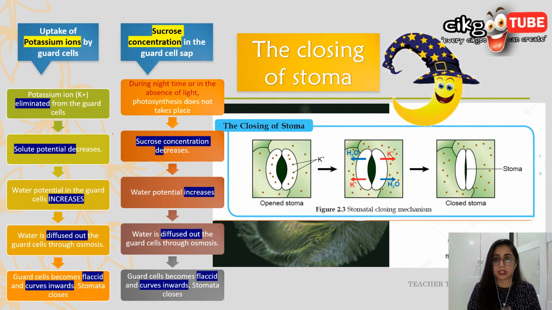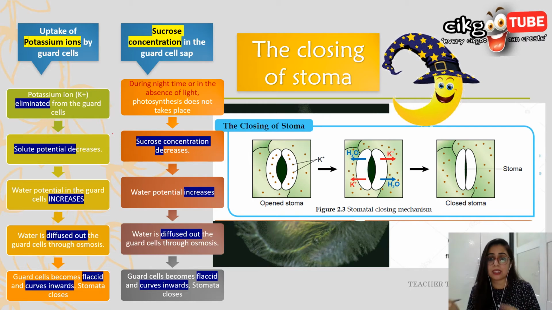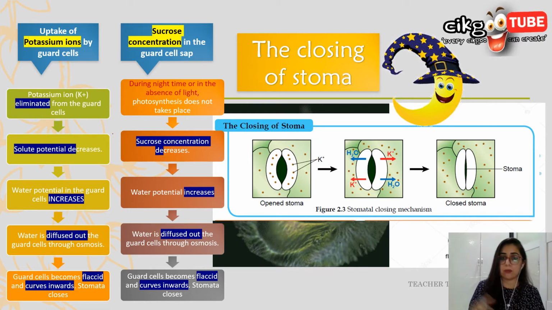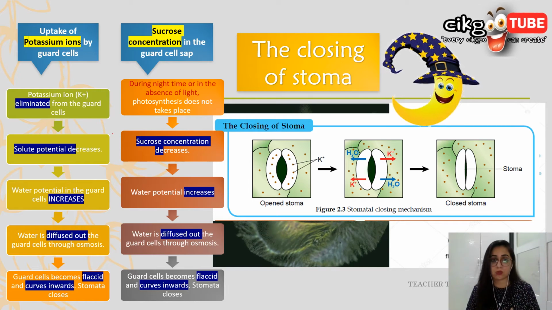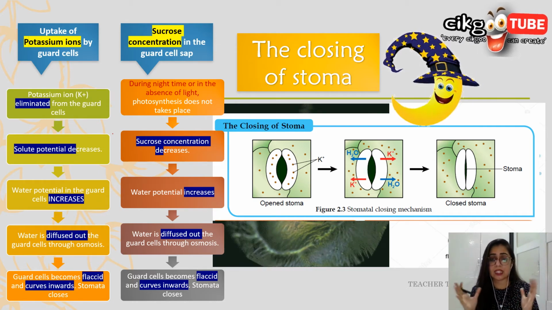Now the water potential will increase. That means there's a lot of water in the guard cells, so water will need to diffuse out by osmosis. When water diffuses out, the guard cells have less water, so the cells become flaccid, curve inwards and the stoma closes.